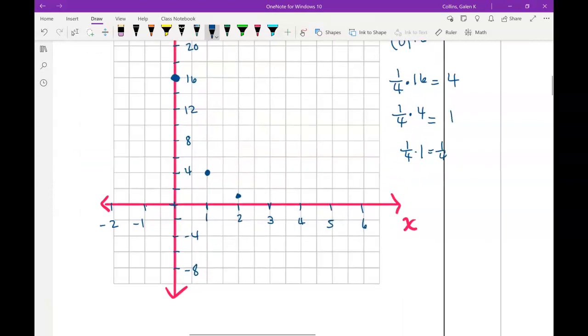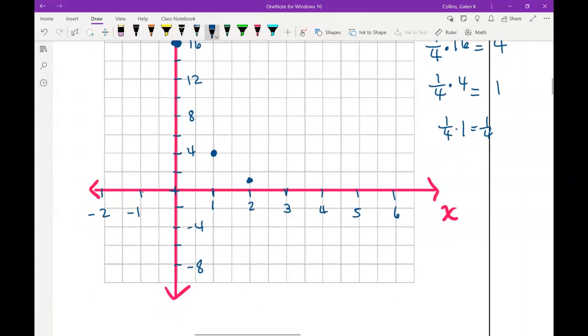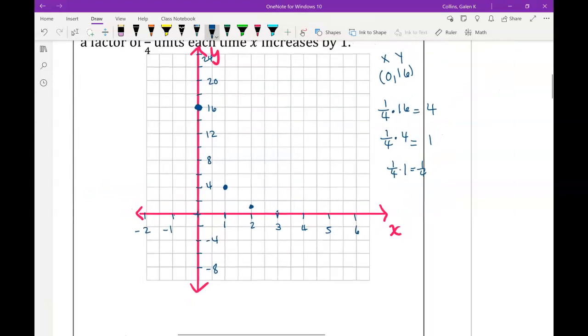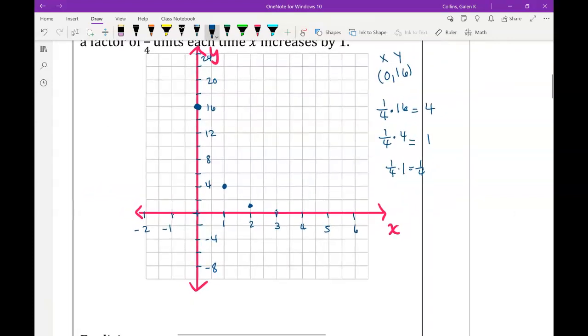And that's going to be really hard. I can't graph that precisely, but what I could do is just get really close to my x-axis there. And remember, as I keep multiplying by 1/4, I'm never going to get to 0. So what I hope you can see is that we have a curve here, and I'm going to do my best to draw it. But this is an exponential curve.